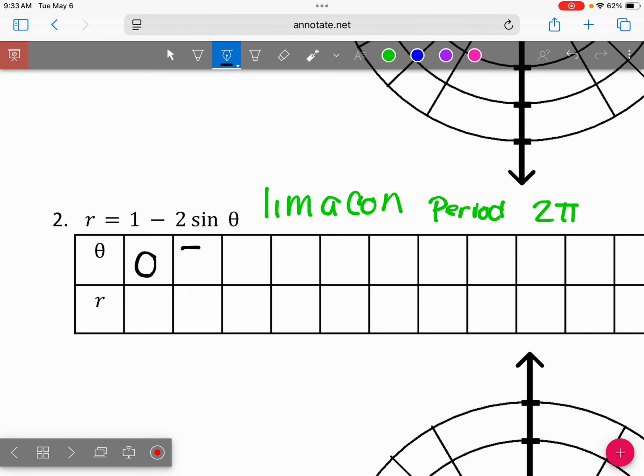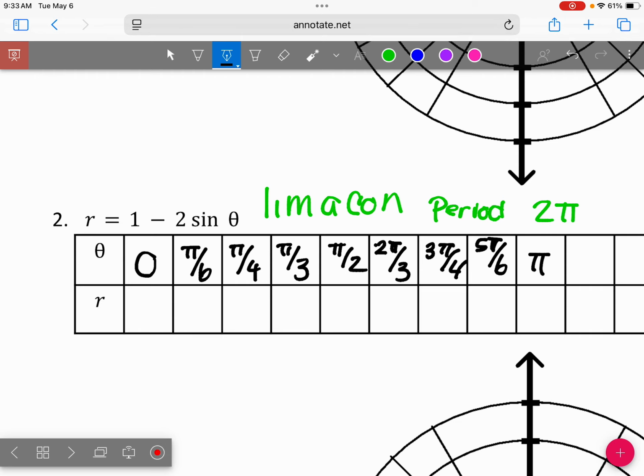We're going to start with our pi over 6, then our pi over 4, our pi over 3, and our pi over 2. That gives us quadrant 1. Then we have our 2 pi over 3, our 3 pi over 4, and our 5 pi over 6 up to pi. That gives us quadrant 2.